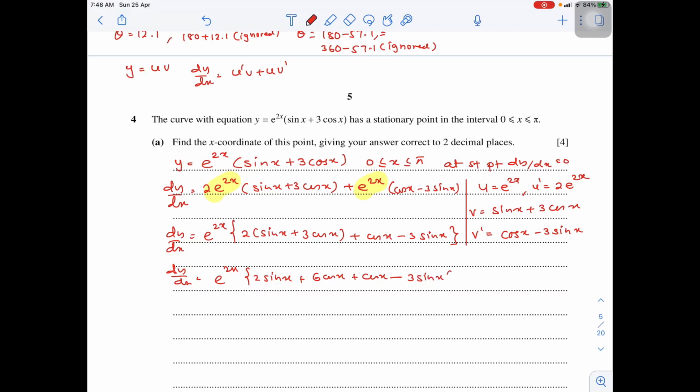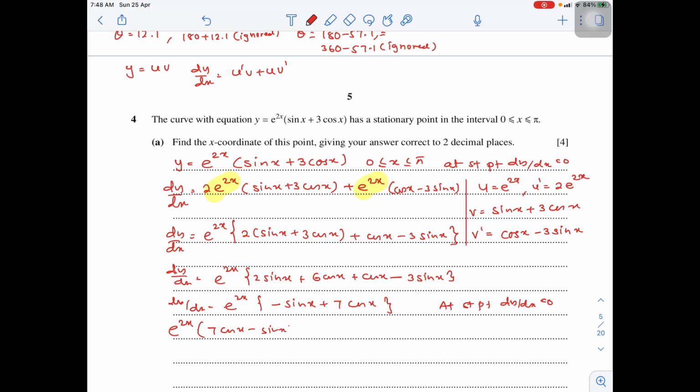Simplifying that, dy over dx is e to the power 2x, 2 sine x plus 6 cos x plus cos x minus 3 sine x. So dy over dx is e to the power 2x, 2 sine x minus 3 sine x is negative sine x, 6 cos x plus cos x is 7 cos x.